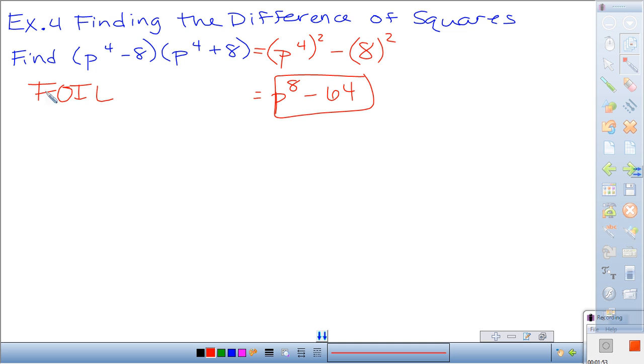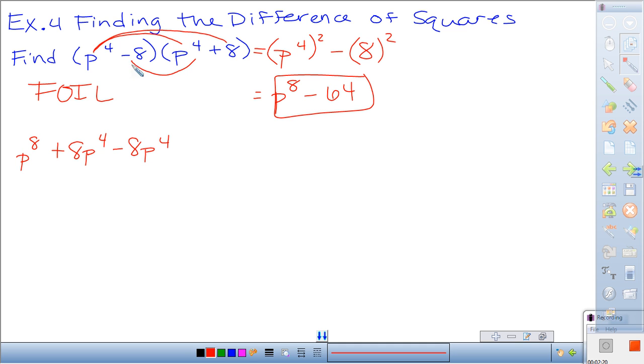So I'm going to use FOIL. First, outer, inner, last. First times the first, p to the fourth times p to the fourth. When you multiply, you add the exponents, so p to the 8. Outer, p to the fourth times 8, so that's plus 8p to the fourth. Inner, negative 8 times p to the fourth, so negative 8p to the fourth.